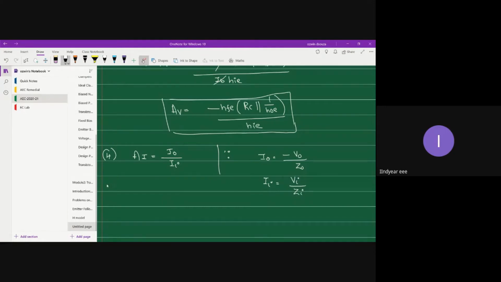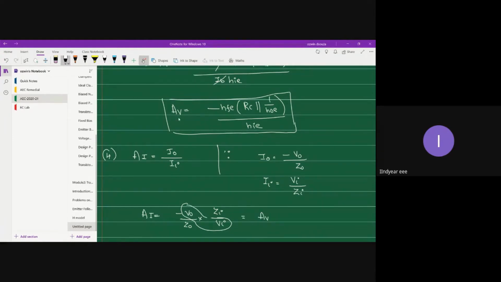You have a ready-made equation for Zi, right? In step number 2, you have calculated an expression for Zi. So you just have to take the ratio: minus V0 by Z0 into Zi by VI.